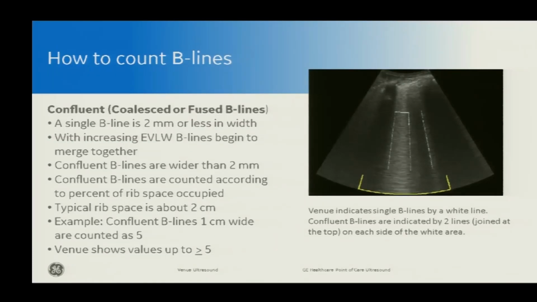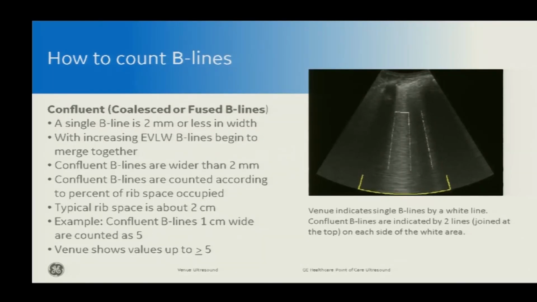So for example, what we do on Venue and what has been done in some of the literature is that confluent B-lines, say for example, that are 1 centimeter wide, are counted as 5 B-lines because they're taking up about half of the rib space. Now when Venue counts the B-lines, it never counts greater than 5 because 5 is considered to be clinically significant. So Venue will say that it's greater or equal to 5.